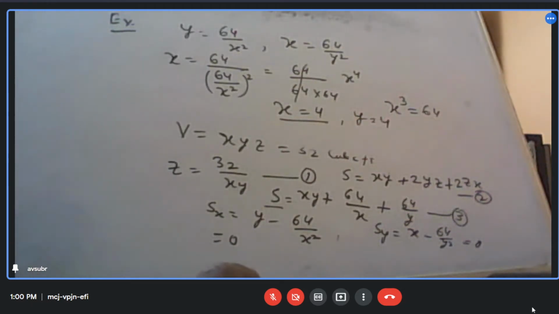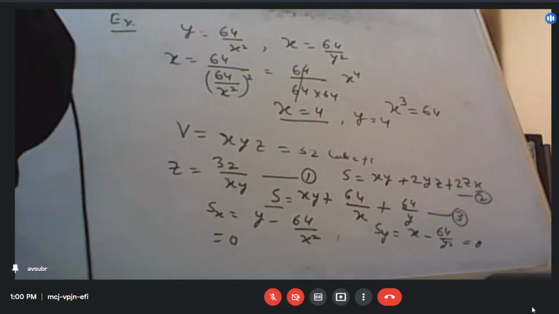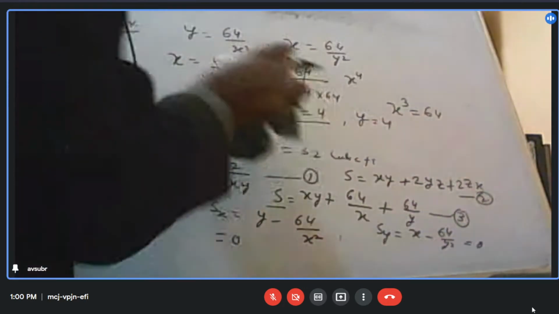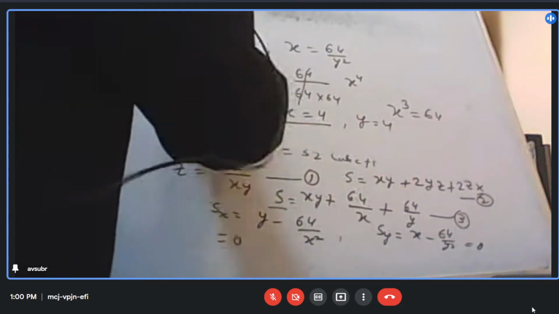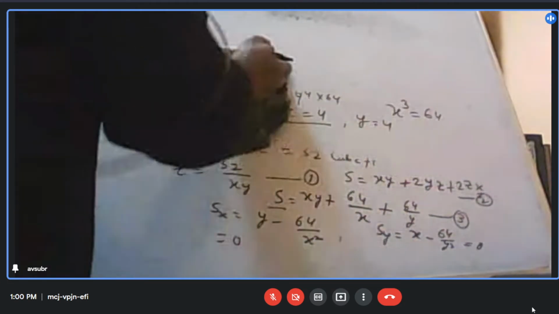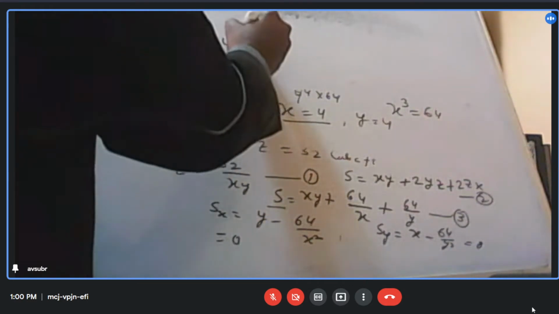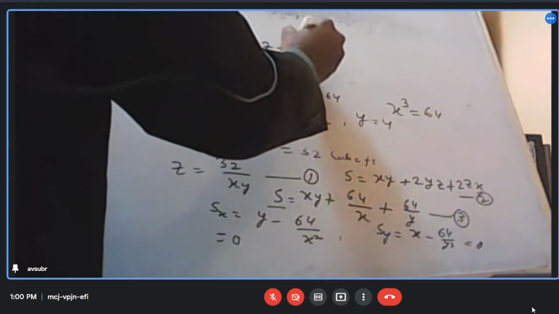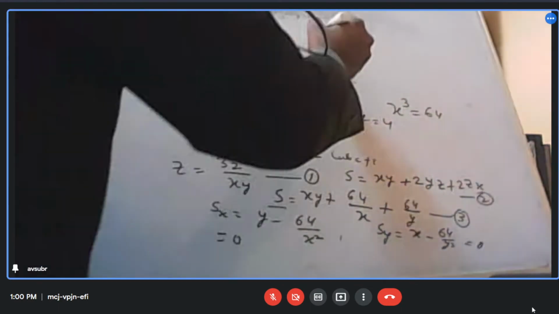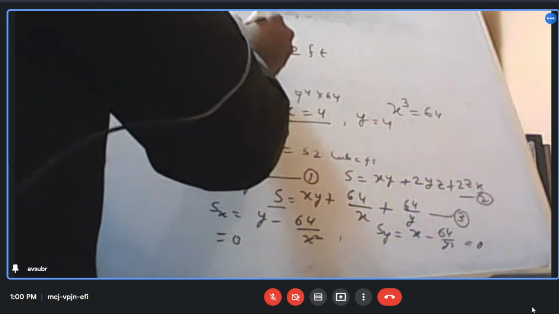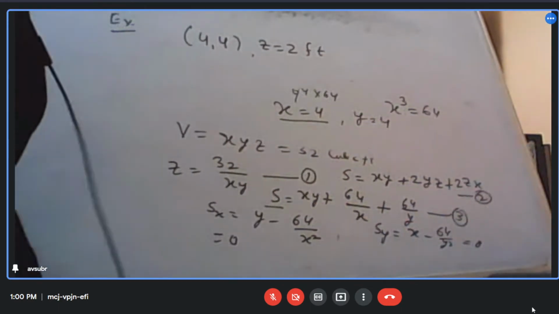So now we have got x is 4, y is 4, and z is equal to 2. Remember, these all are in feet.